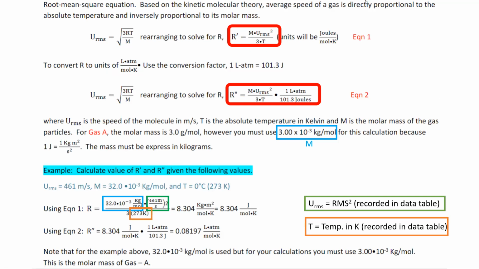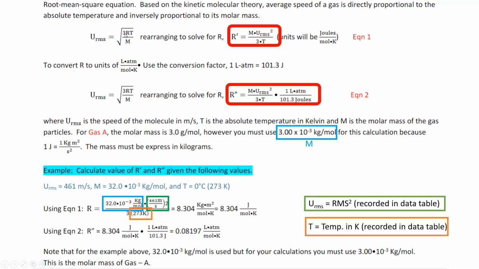So first of all, we're going to be using this root mean squared equation. Based on kinetic molecular theory, the average speed of a gas is directly proportional to the absolute temperature. So notice that U RMS is talking about the average speed of the gas. It's directly proportional to the temperature.